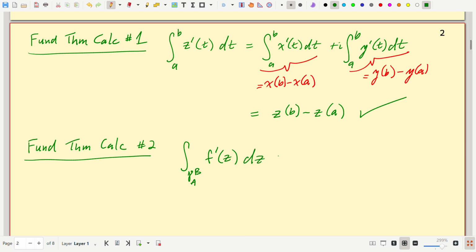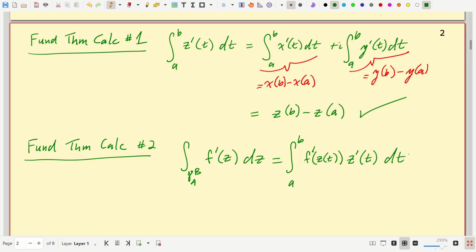By definition, that's the integral as you go along the parameter space of f prime of z of t, times z prime of t dt.